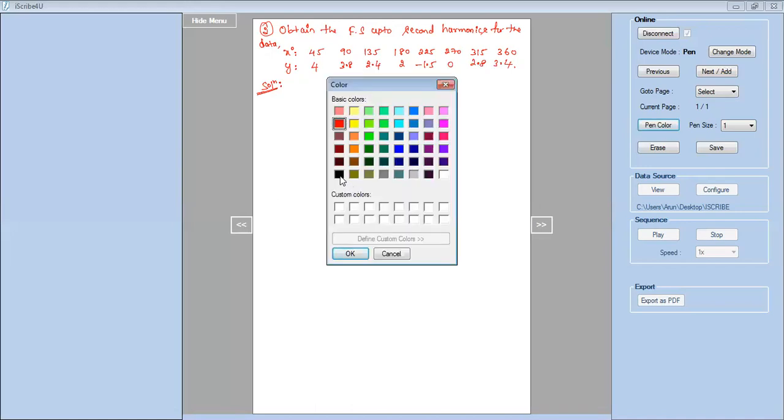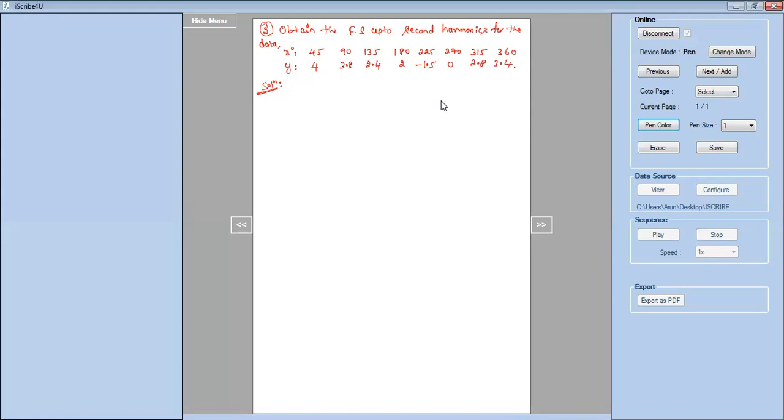Let us apply the procedure we have already discussed in problem number 1. The only difference is that we have to solve up to second harmonics. The first thing is, as usual, to identify the period of the problem. The 45 is between 0 and 90, so it lies in the first quadrant, and 360 is the upper bound of the fourth quadrant. So the quantity varies from the first quadrant to the fourth quadrant.